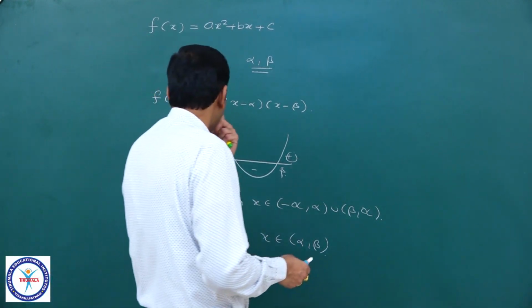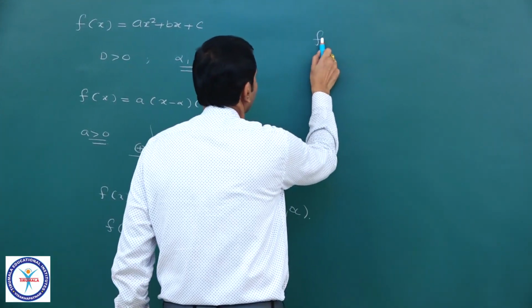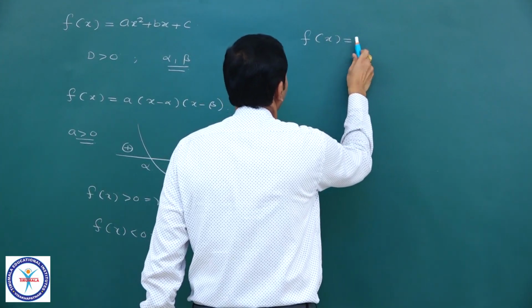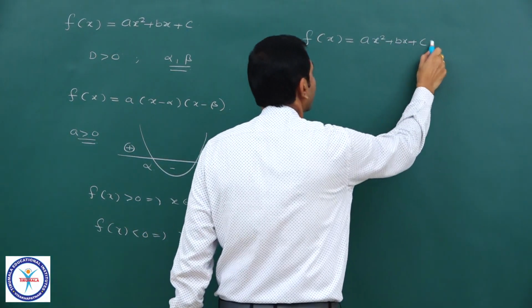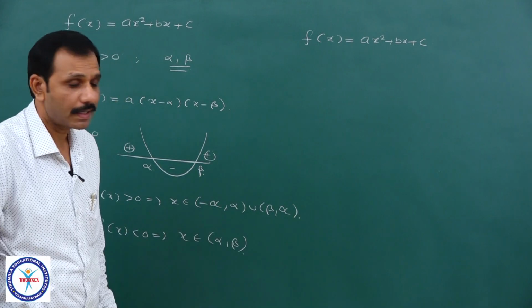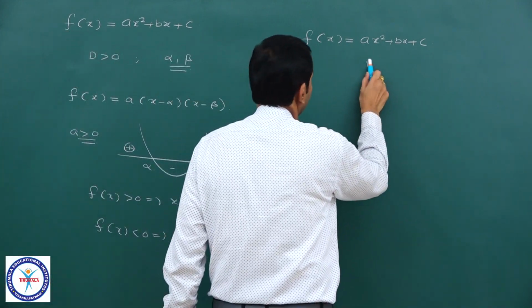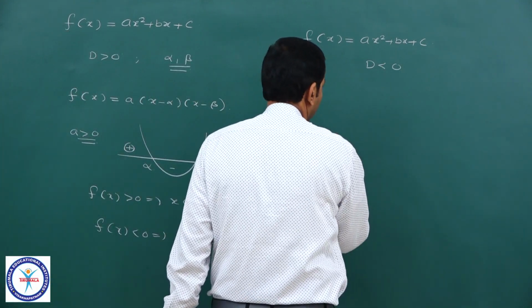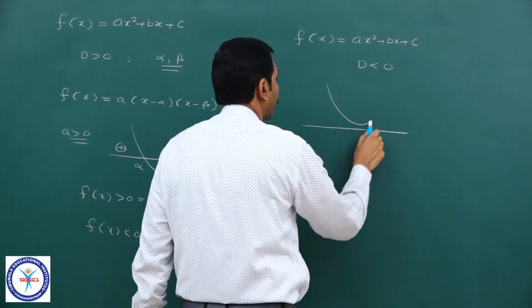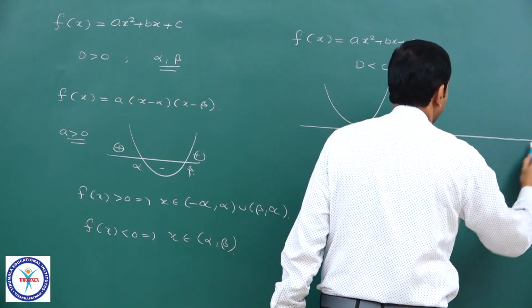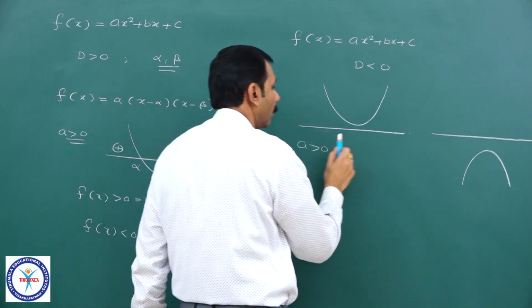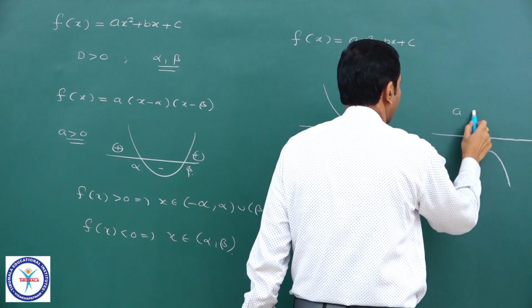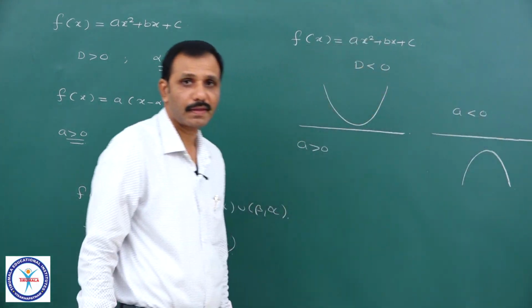And if it has complex roots, if you take f of x equal to ax square plus bx plus c, when the discriminant is less than 0, it may be completely above the x axis or completely below the x axis. It is above when a is greater than 0 and below when a is less than 0, we have discussed.